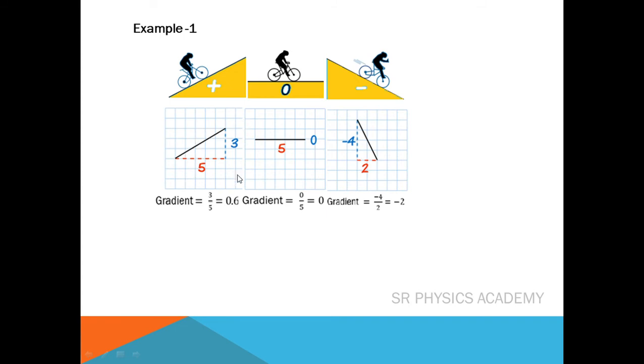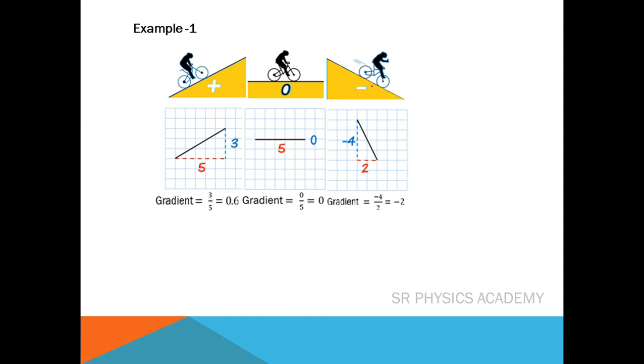So the gradient equals up by across, which is 3 by 5. So the gradient is 0.6. If you take the negative gradient, the slope is coming down, while this one is going up, which is the positive gradient. This one is coming in reverse, that means down, so we say this is the negative gradient.